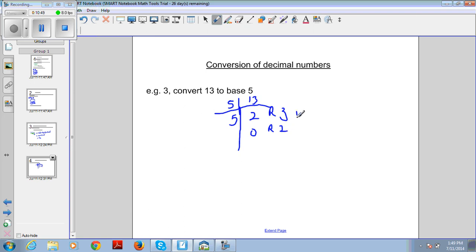So you draw an arrow that is ascending. The arrow indicates that you are writing your number from below to above. So now you put your 13. Mostly numbers in base 10 are not written, so this is in base 10. So now equals sign, and your answer is 23. You are in base what? In base 5.